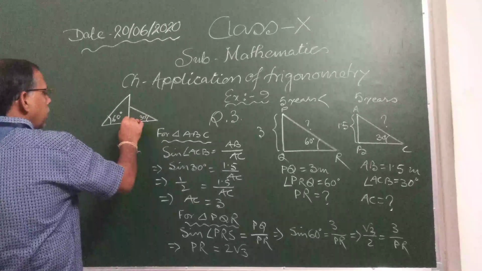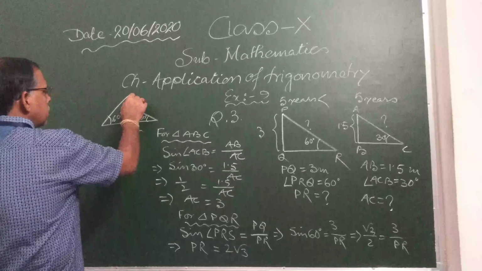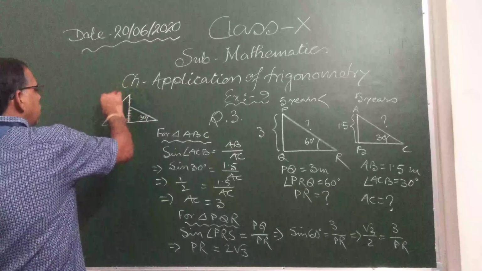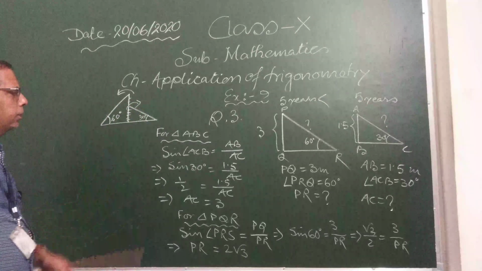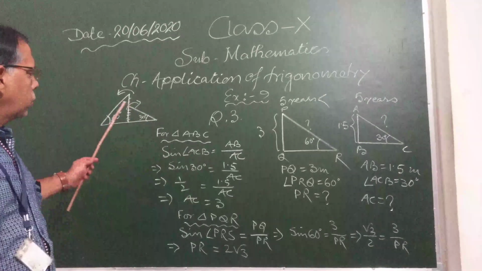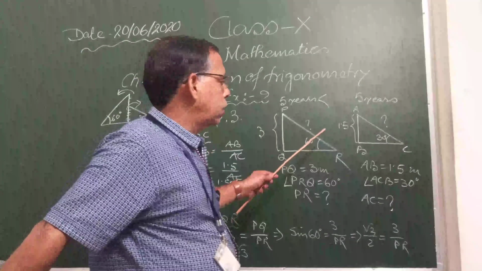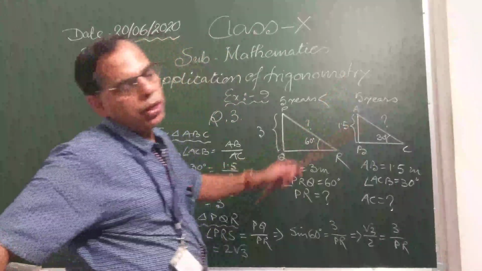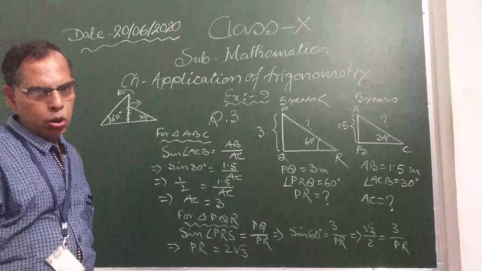Only the climbing will be here for this part, and here for this part. Clear? I will prefer that you draw this diagram, then confusion will not be there, and it will be easy to understand also.